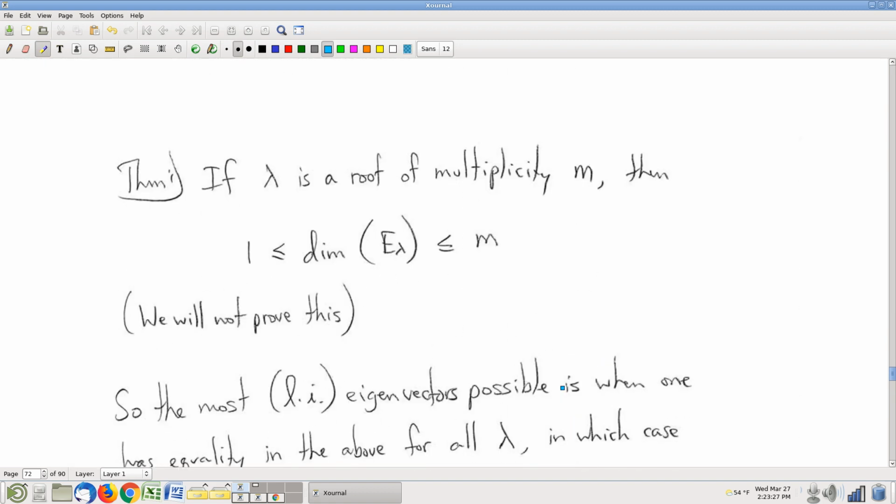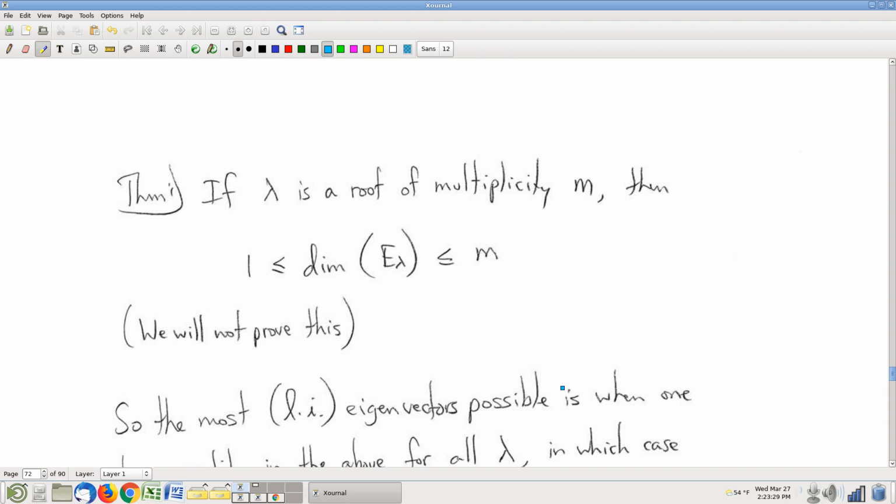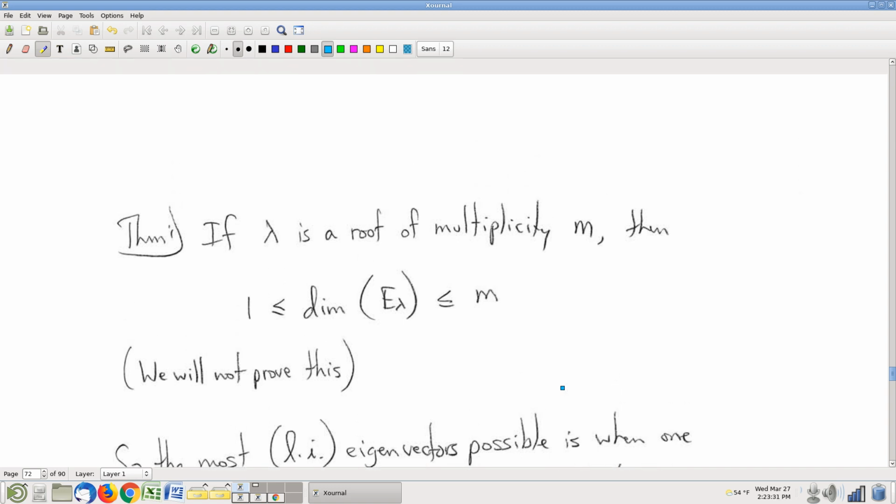Okay, so how many eigenvectors are you going to find? There are some things to say about this. The analogy with Chapter 4 is not perfect, but it's also not a complete throwaway. Think back to Chapter 4.